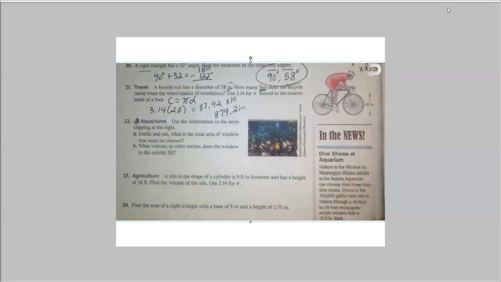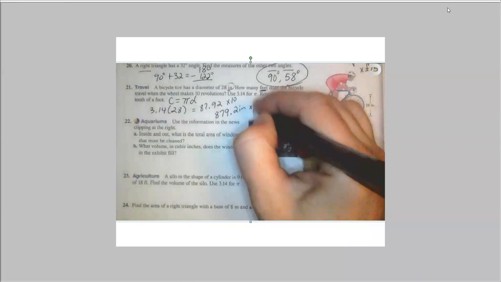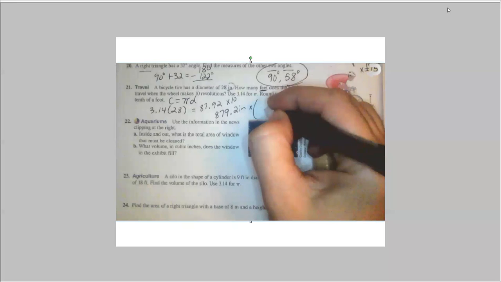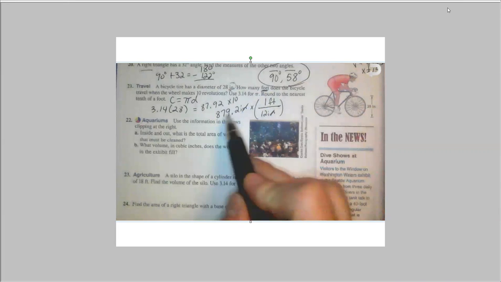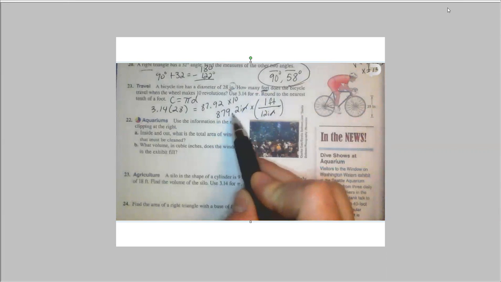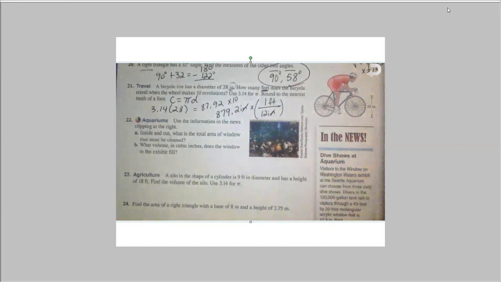So now we've got to convert, and this is what we were doing a good bit in previous chapters. Remember, 12 inches in 1 foot. Okay, that's my unit multiplier, so I can cancel those. 879.2, we're going to divide that by 12.